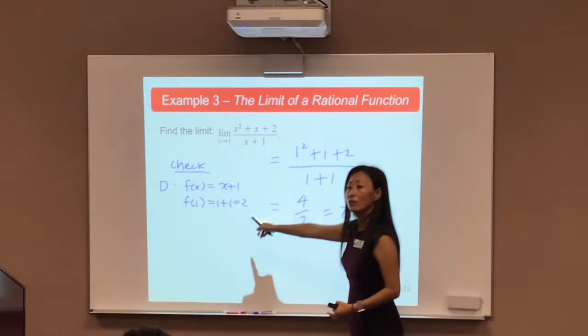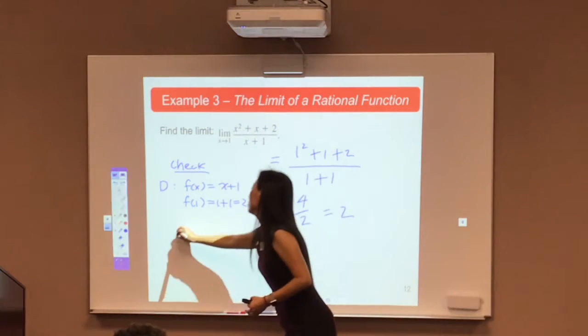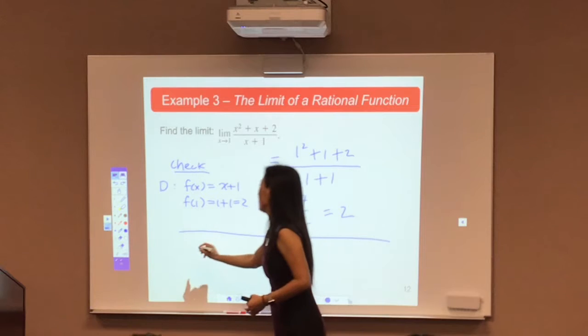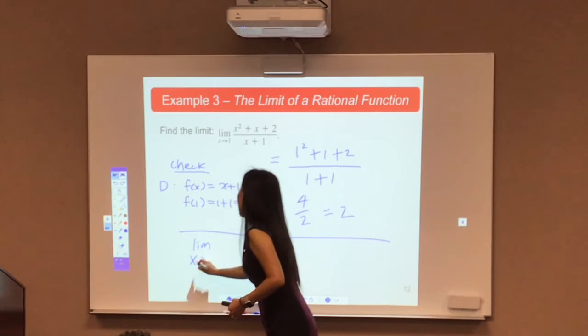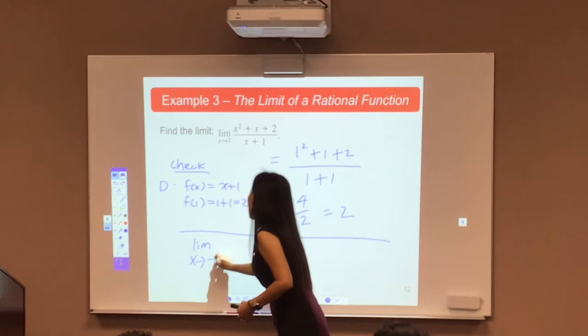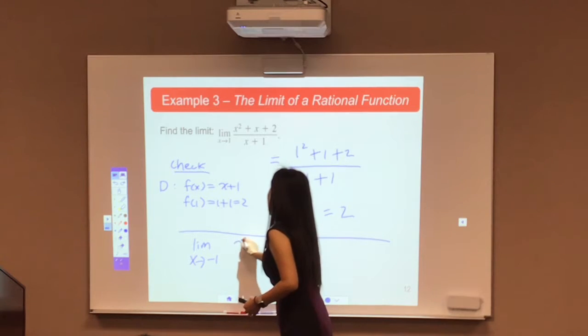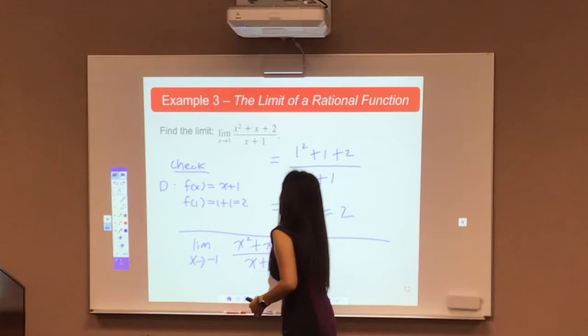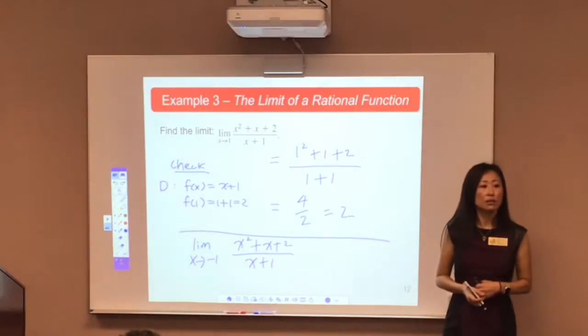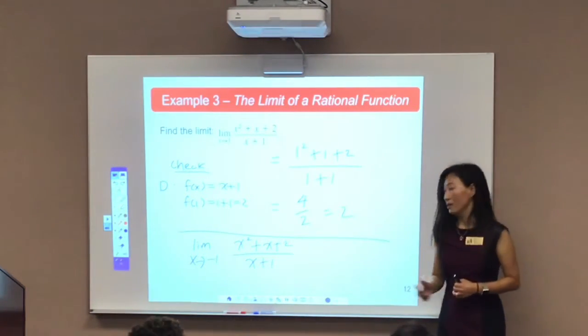But check this though. Let me give you another example. Same number. I want to do exactly the same thing, but if I plug in this, it's going to become 0. Can I do this one? No, I can't just simply plug it in, because that's going to be 0.